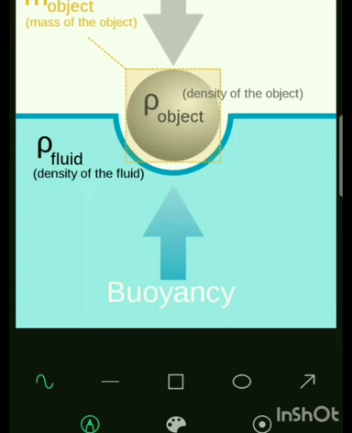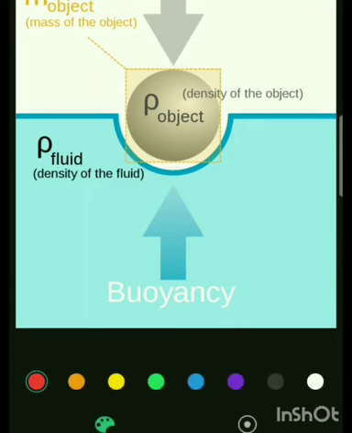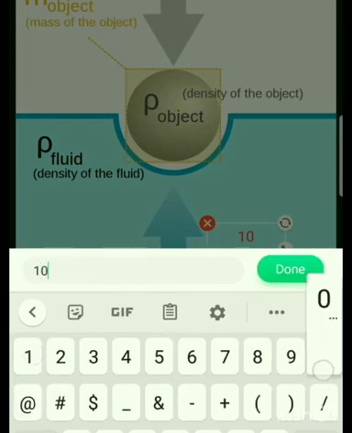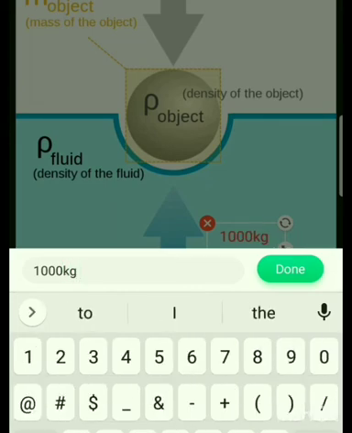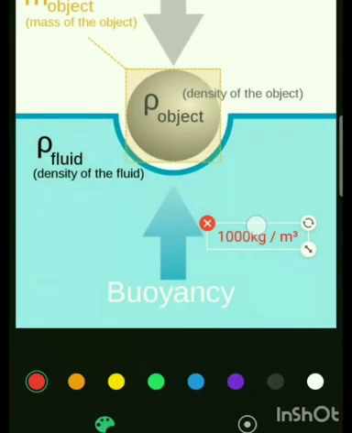The density of the fluid is always 1,000 kilogram over meter cube.